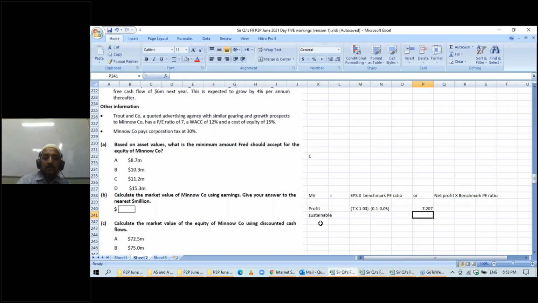And now calculating the market value. So multiply 7.207 by the benchmark price earning ratio.